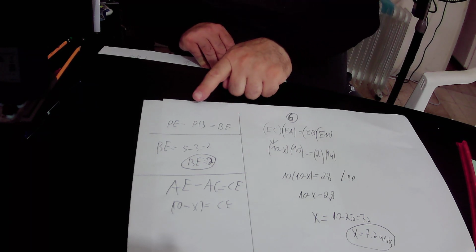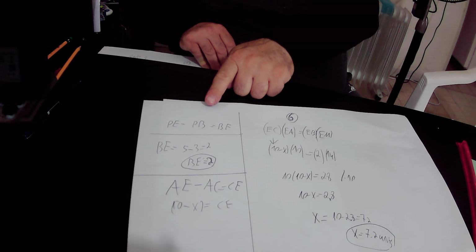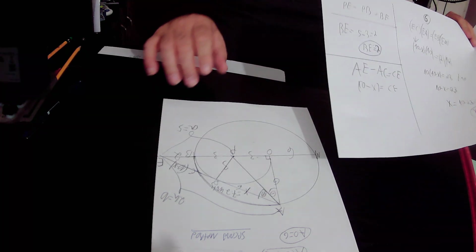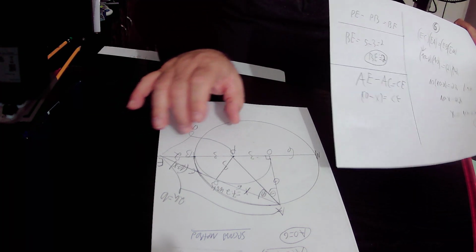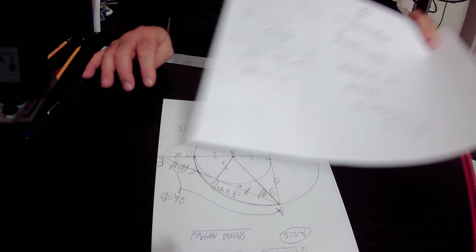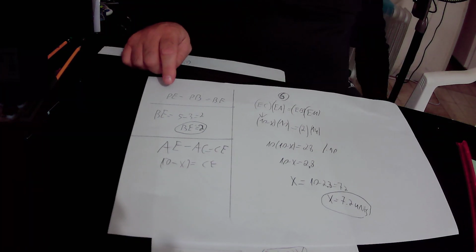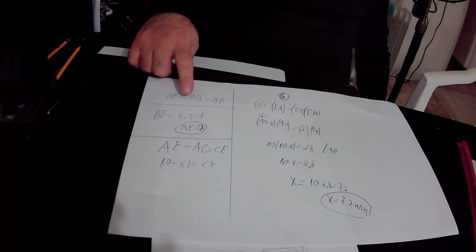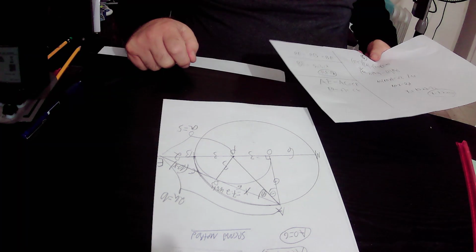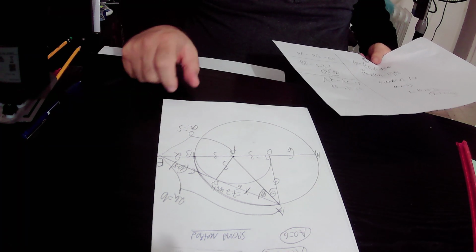Again, BE equals PE minus PB. PE equals 5 units, PB equals 3 units. So in conclusion, BE equals 5 minus 3, that is 2 units.